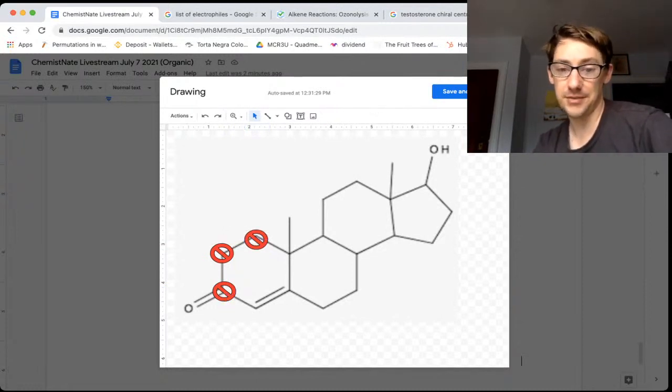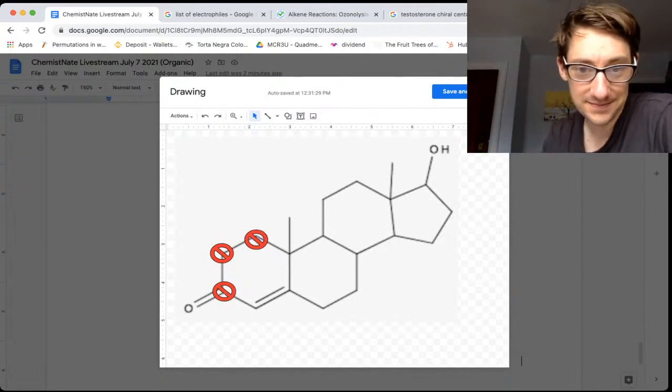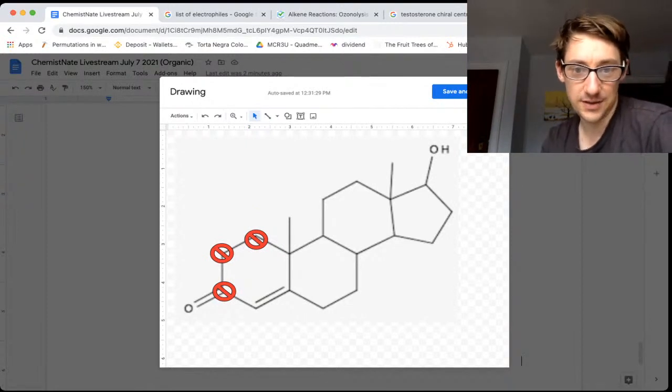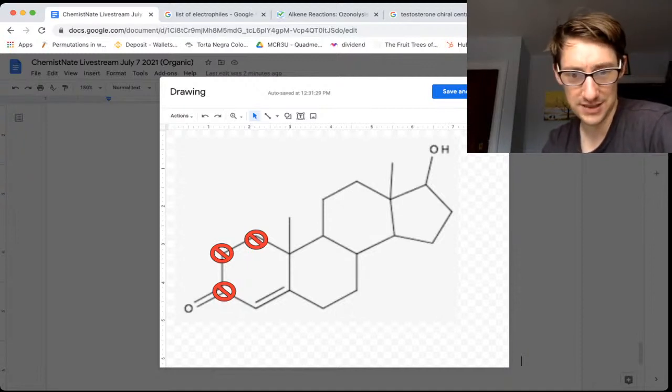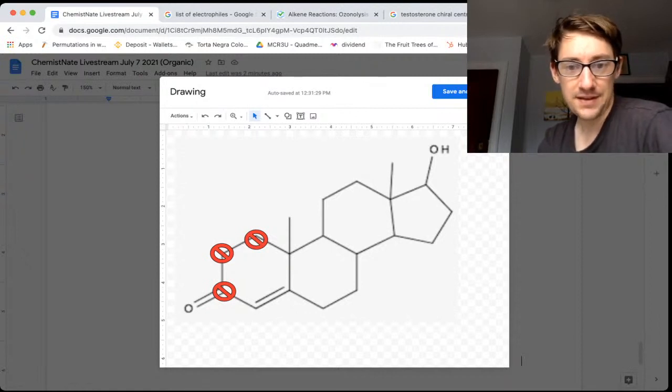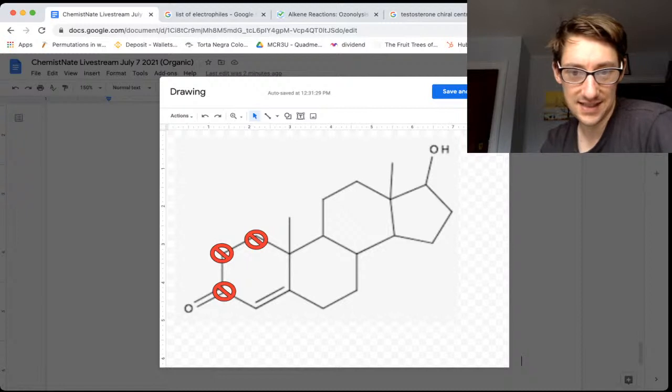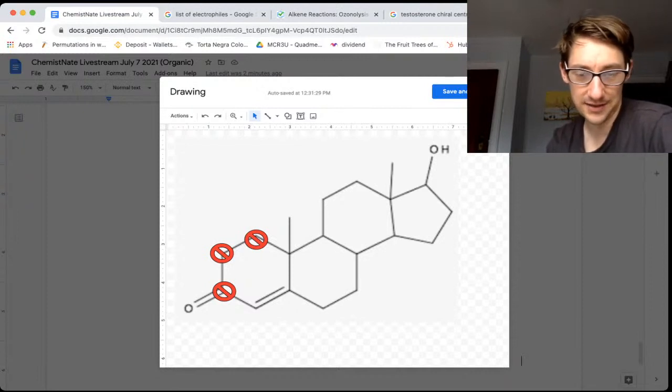Now this carbon's exciting. This carbon is connected to a CH2CH2CO. This carbon is connected to a C that splits off into a double and single bond. This carbon is connected to a C that is split into a CH2 and a CH. And it's also connected to a CH3.